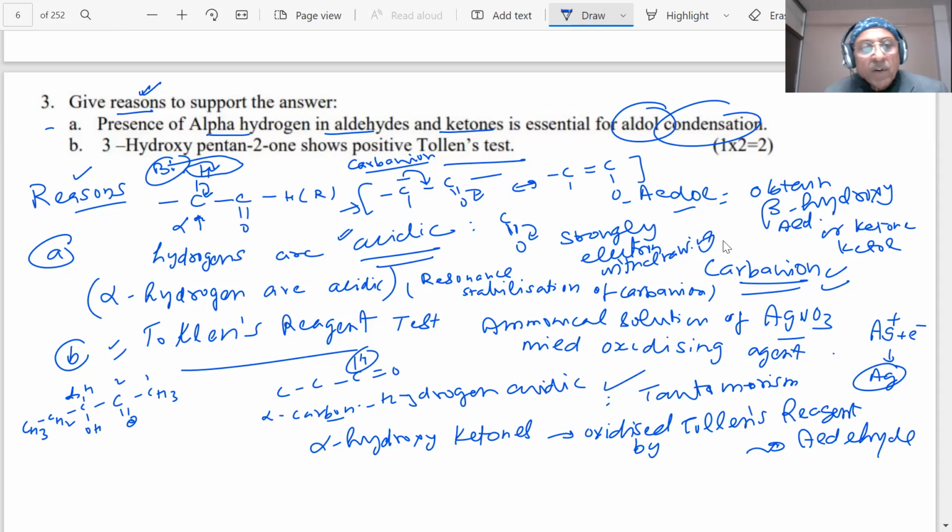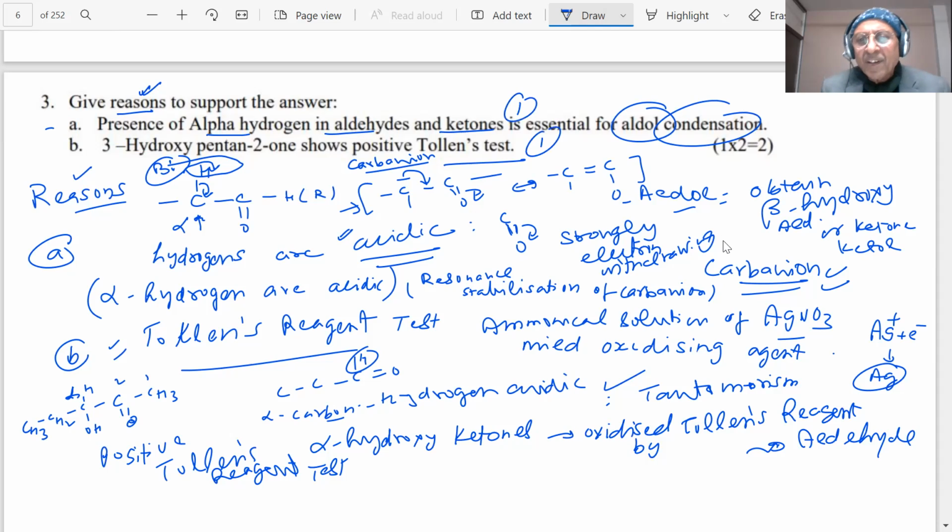Hence, they will give a positive Tollens reagent test. If you want to study the complete mechanism, you can get it. But here we are not interested in that, because this question is carrying only 1 mark. So 1 mark is for this and 1 mark is for this. So you get 1 plus 1, 2 marks, student.